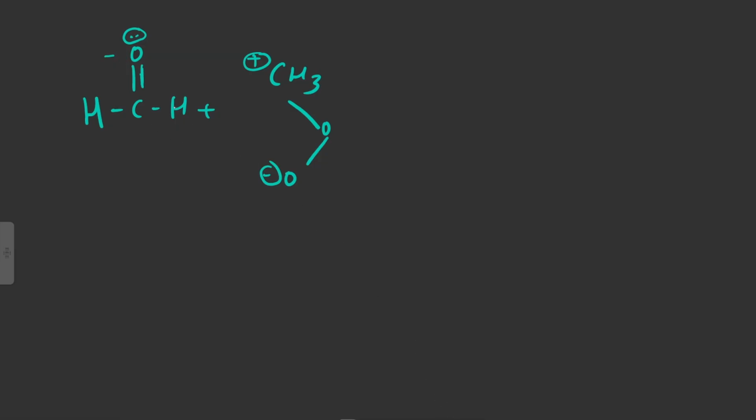That does not look like a del, that looks like my testicles. And a positive del over here. So this is positive, this is negative. What happens is this negative attacks this positive, and this lone pair attacks this positive. And to negate this negative del, the lone pairs over here go attach themselves to the oxygen.